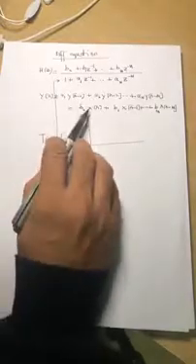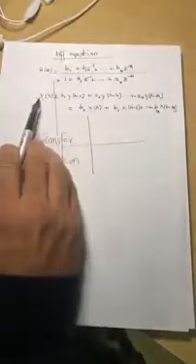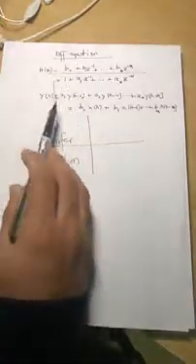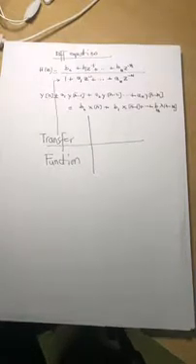Simply, the coefficients of X are in the numerator and the coefficients of Y are in the denominator. So it is that simple; writing the transfer function is a very simple job.